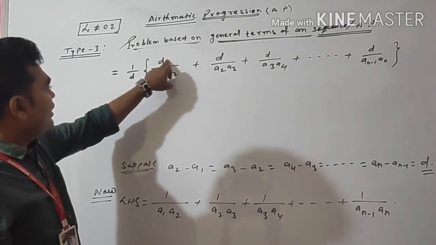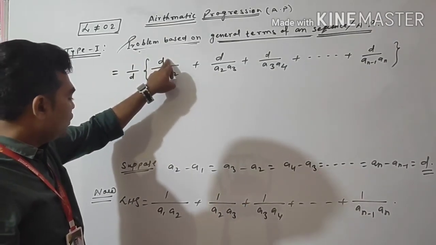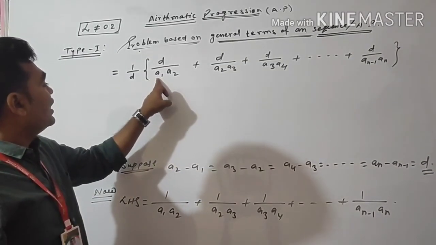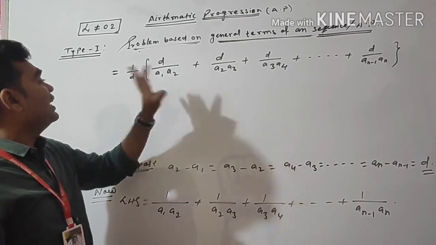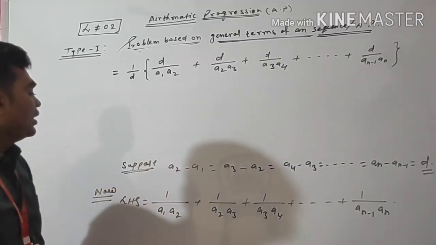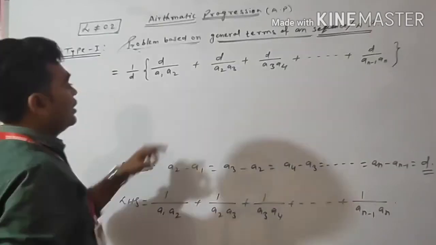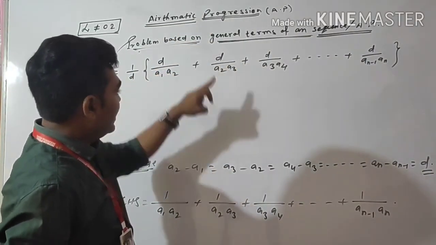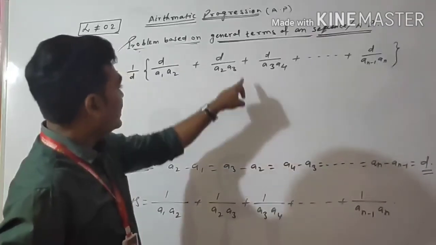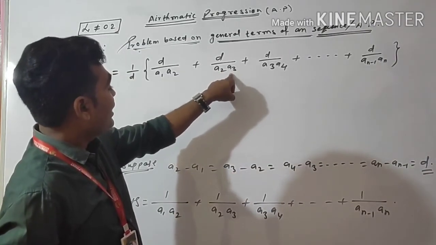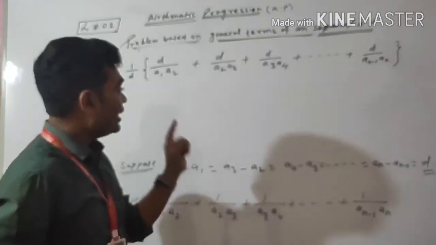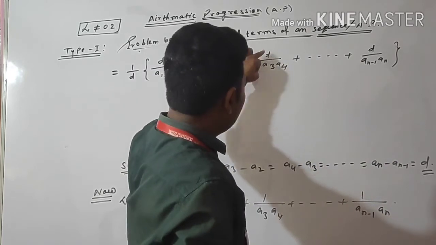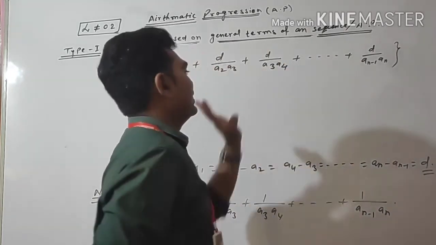And in place of this D, we are putting A2 minus A1 because here the denominator is the relation between A1 and A2. Okay. Again, in place of this D, we are putting A3 minus A2 because here the denominator is A2 A3. Again, similarly, in this place we put A4 minus A3.